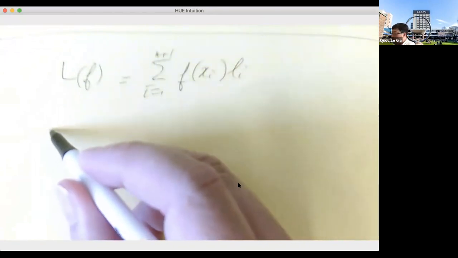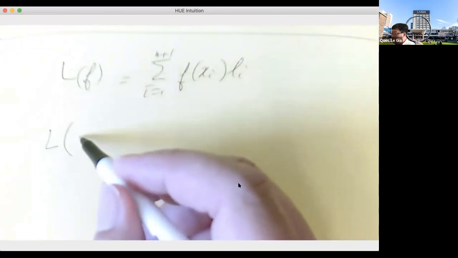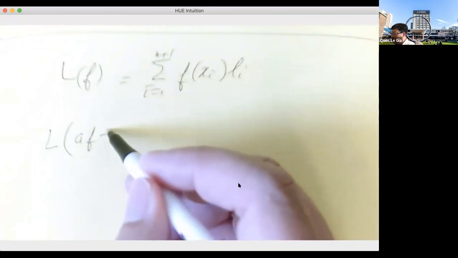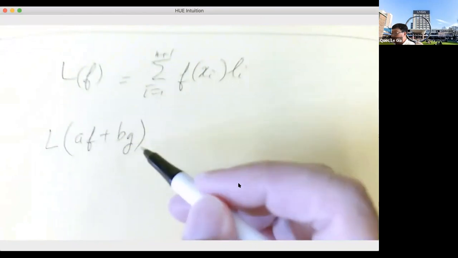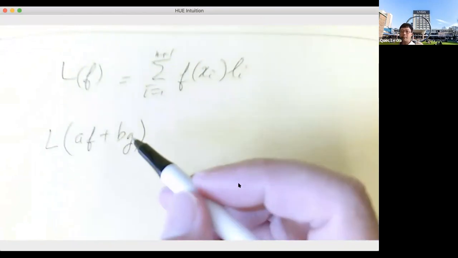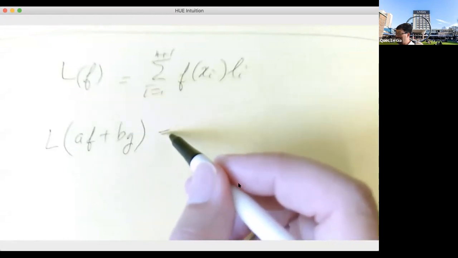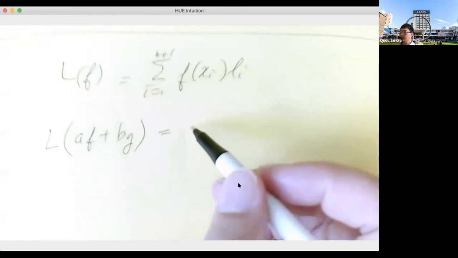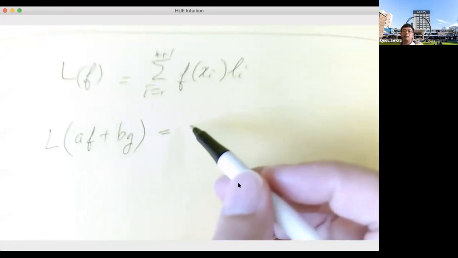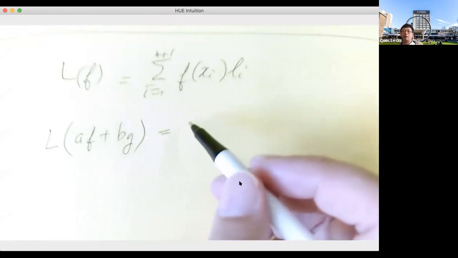So now what is L, but instead of f, I put in af plus bg. So a is some real number, b is some real number, f and g are just functions. So how do I write this?